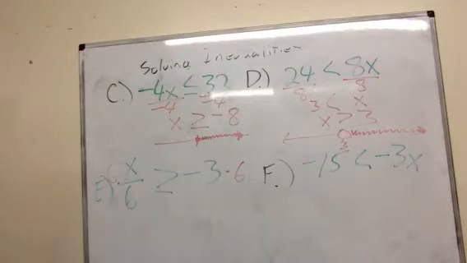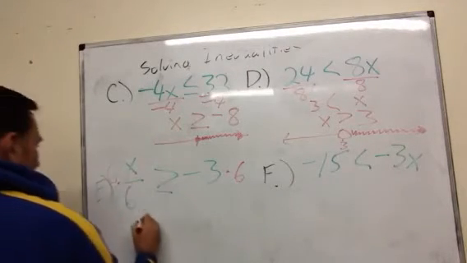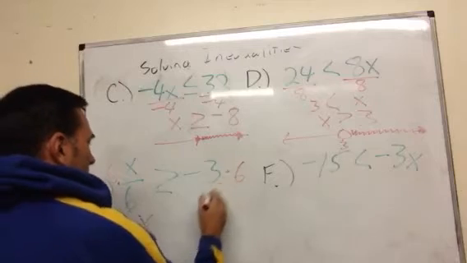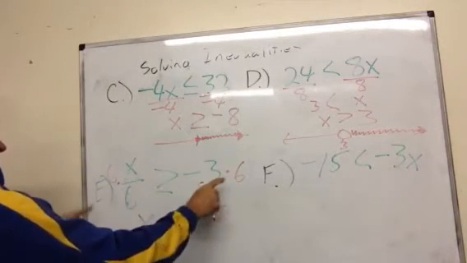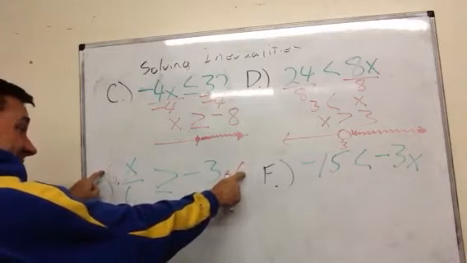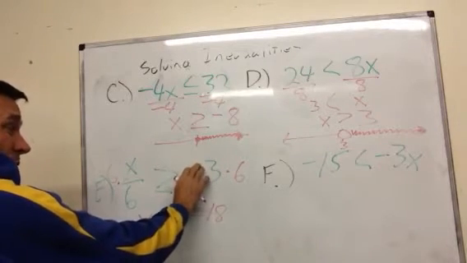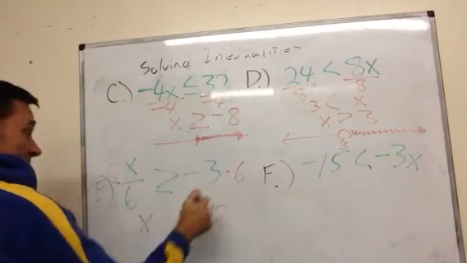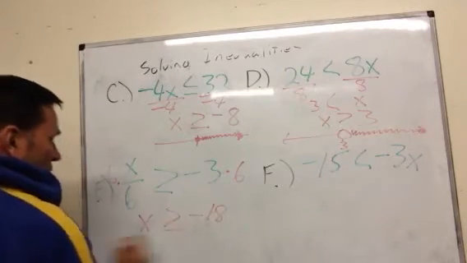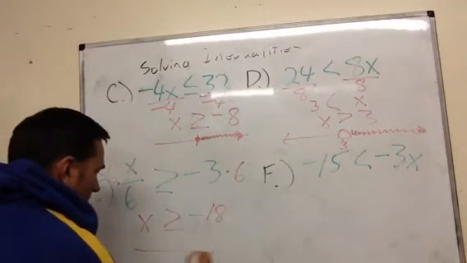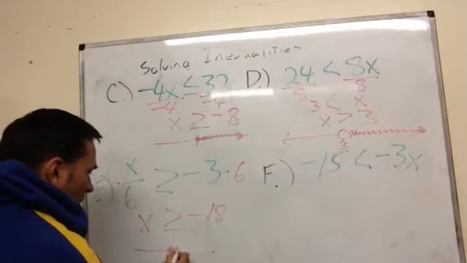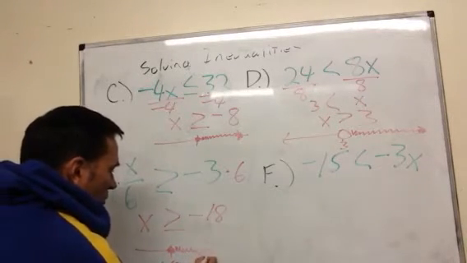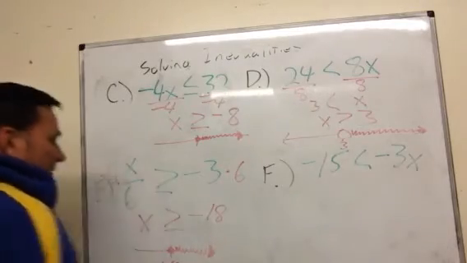We multiplied by a positive number. These cancel. Negative 3 times 6 is negative 18. Since we multiplied by a positive 6, do not change it. It stays greater than or equal to. Then at negative 18, a closed circle, and we shade to the right.